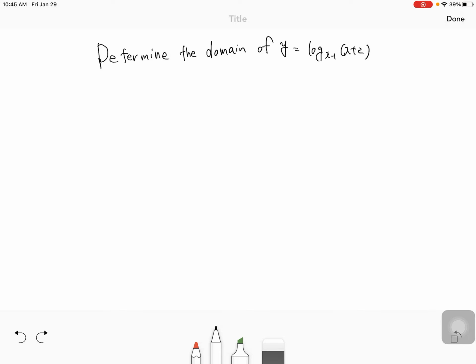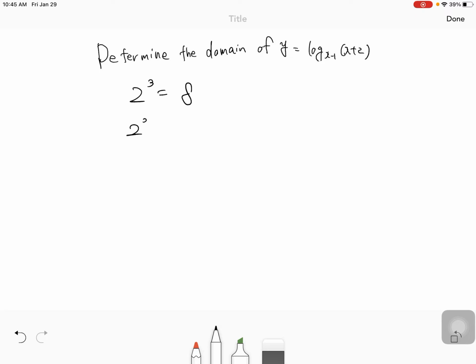So let's get started. To find all x values, you need to know the concept of logarithms. So let's review it. The idea of logarithms comes from exponents. 2 cubed is equivalent to 8, for example.